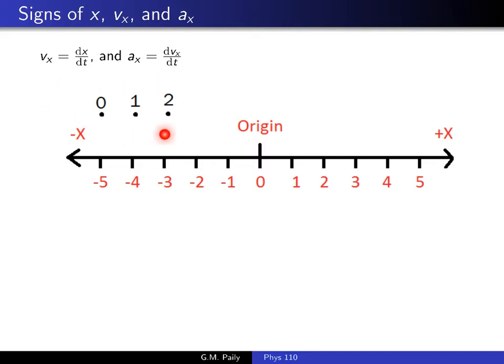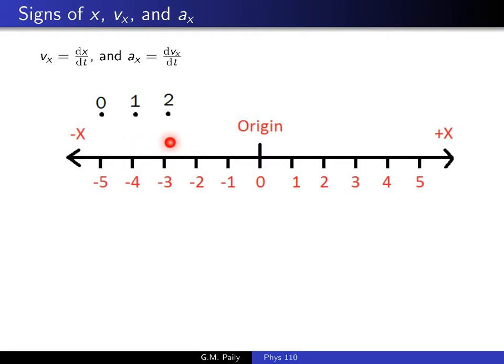Even though the positions are on the negative side, the position is becoming less negative. Notice how it's going from -5 to -4 to -3. That is, the change in position is positive. After all, to get from -5 to -3, you need to add +2.